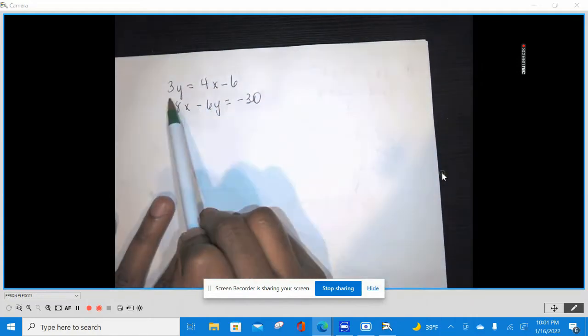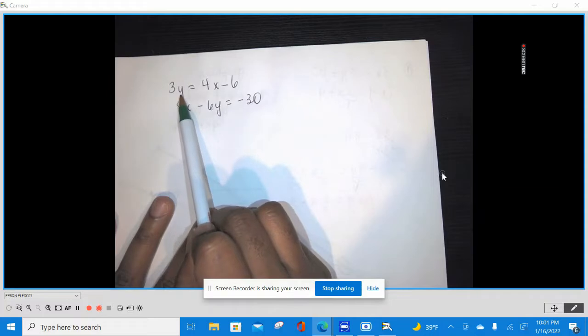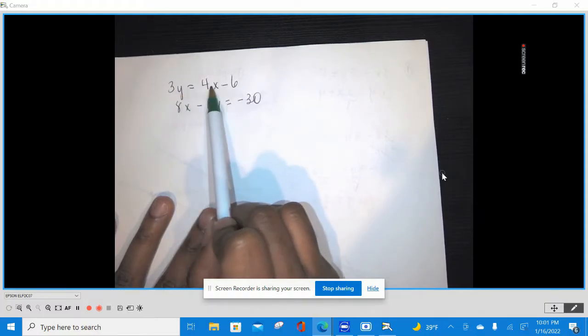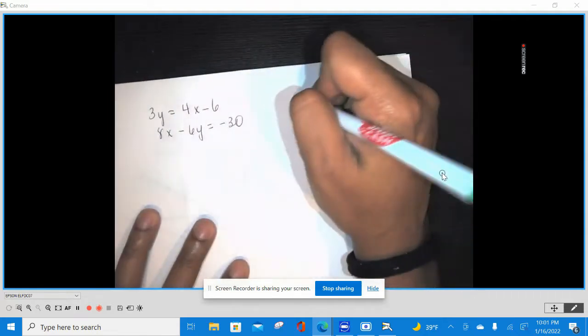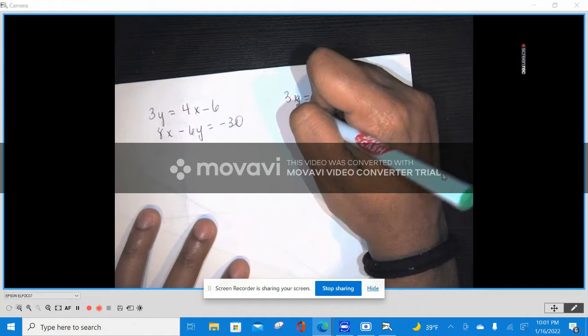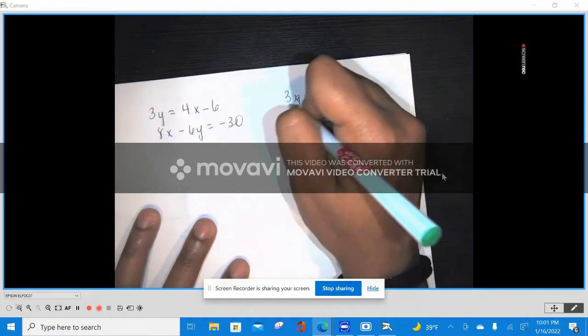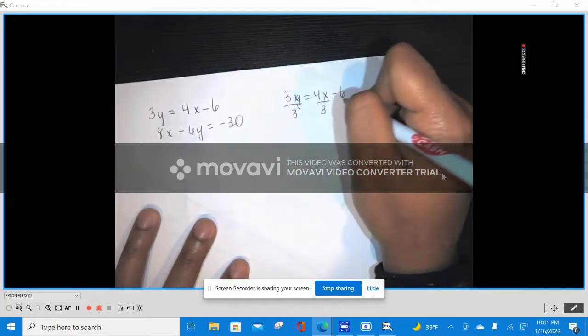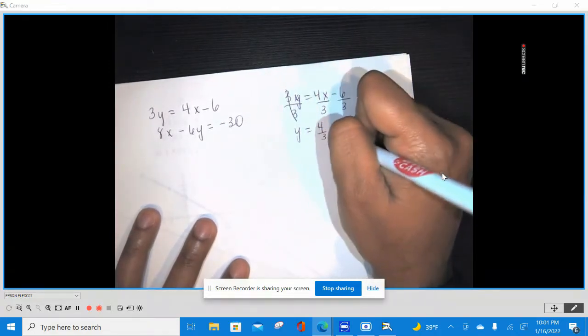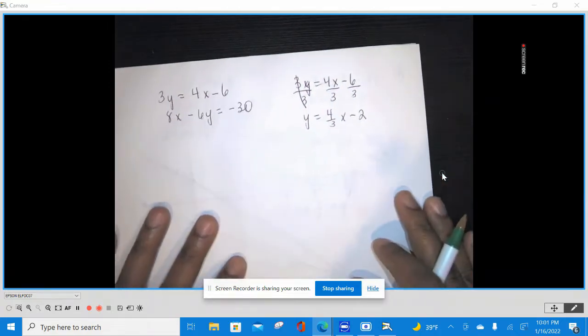This one here almost has y isolated by itself, but there's a times 3. So let's divide by 3 to this term and this term. Whoops, that's a y. My eye was looking at the x. Divide by 3 everywhere. So for this one, it's y equals 4/3 x minus 2. All right, that's that one.